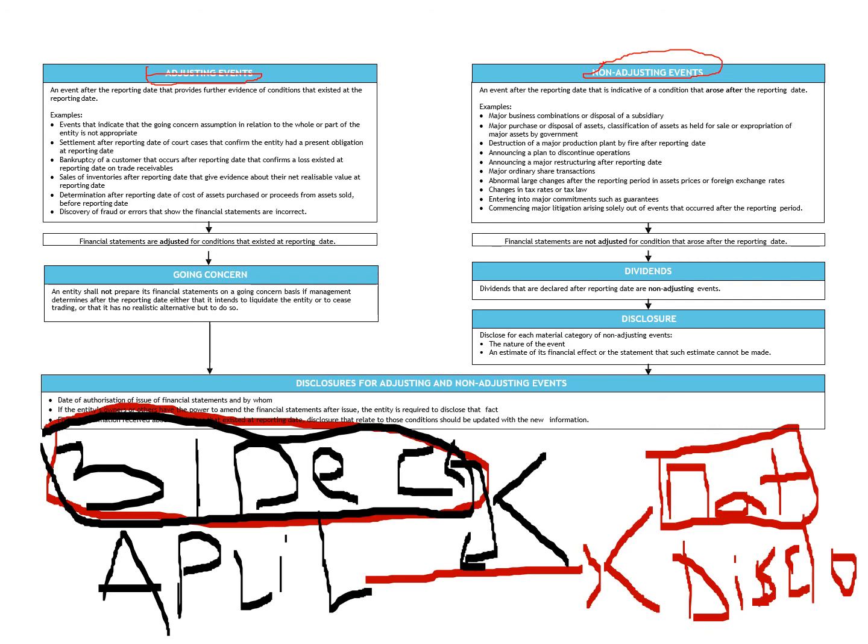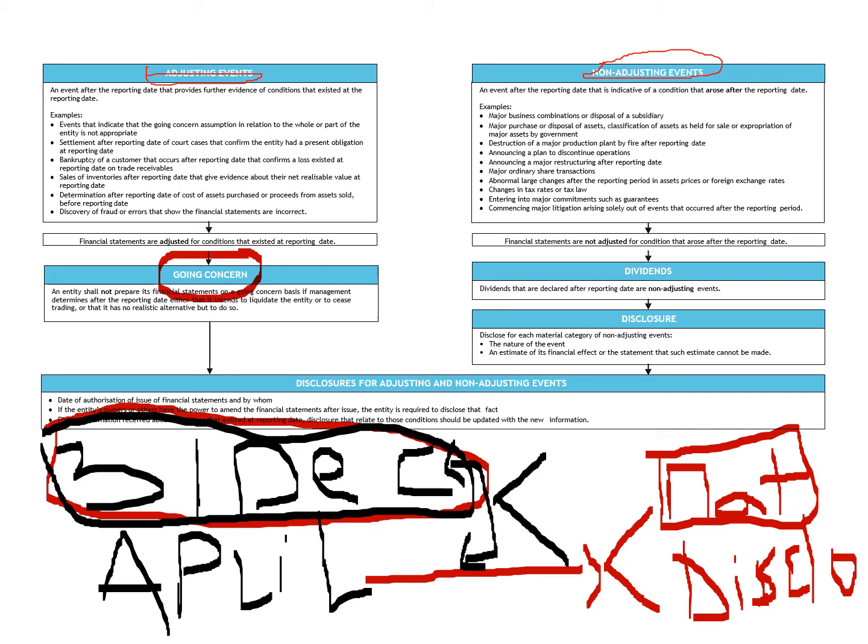So let's go to some exceptions defined in IAS 10. We have the concept of going concern. This concept is part of the conceptual framework of IFRS. So basically all the financial statements as per IFRS should be prepared actually under this assumption.